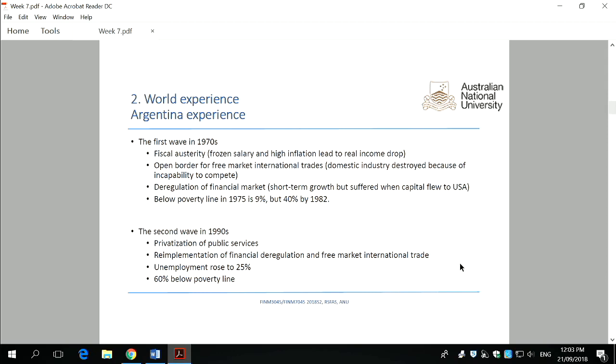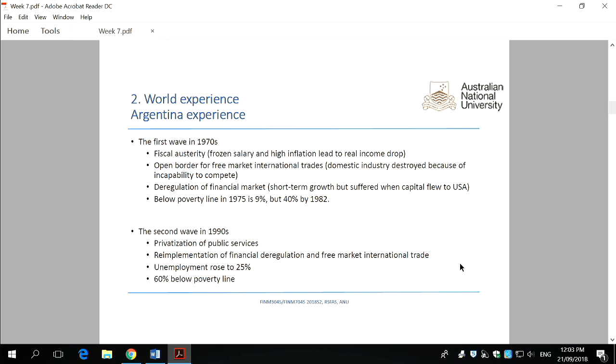And right. Now, this is the Argentina experience in the first wave. The second wave of Argentina was in the 90s. Mainly because the first wave was so bad, the economy was in a really shabby situation, and they had a lot of political turbulence because of that as well. So in the 90s, they had a relatively stable time.